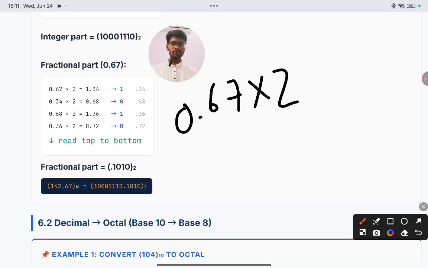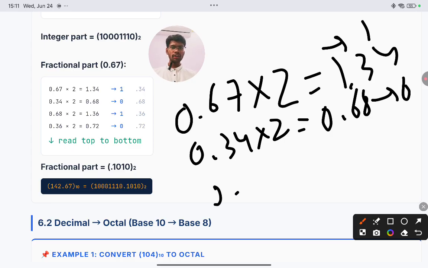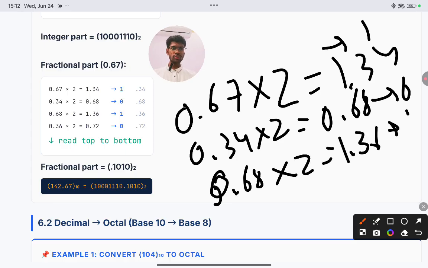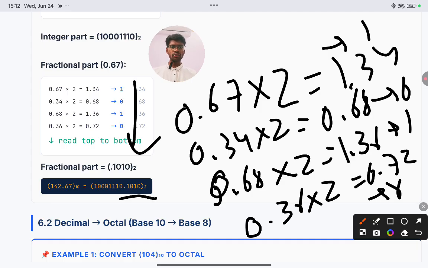You multiply by 2, 1.34, right? 1.34 you got, then you take 0.34 into 2, 0.68, you are left with 1 here, you are left with 0 here. 0.68 that we got into 2, 1.36, you got 1 here, and 0.36 into 2, 0.72, you get 0, right? Read top to bottom, you need to do the 0.1010, you need to add it.